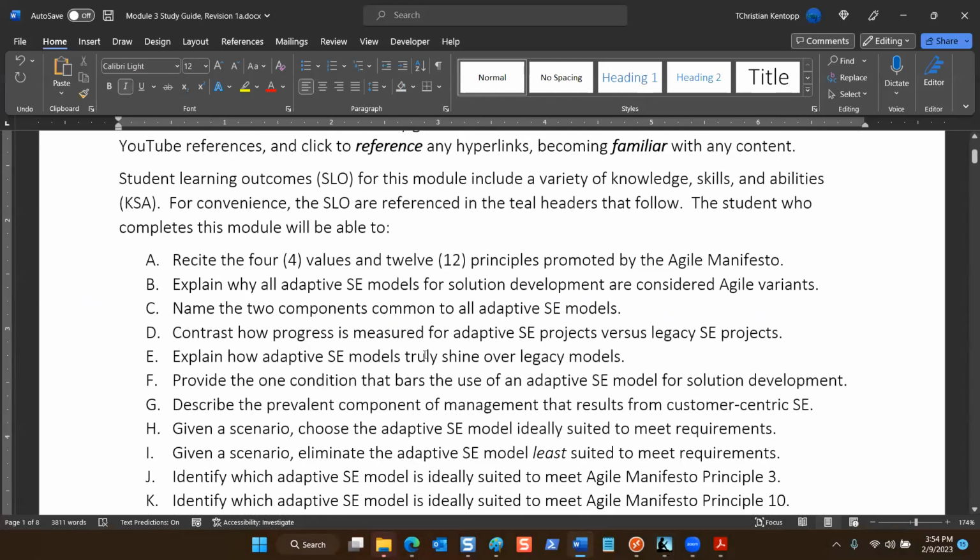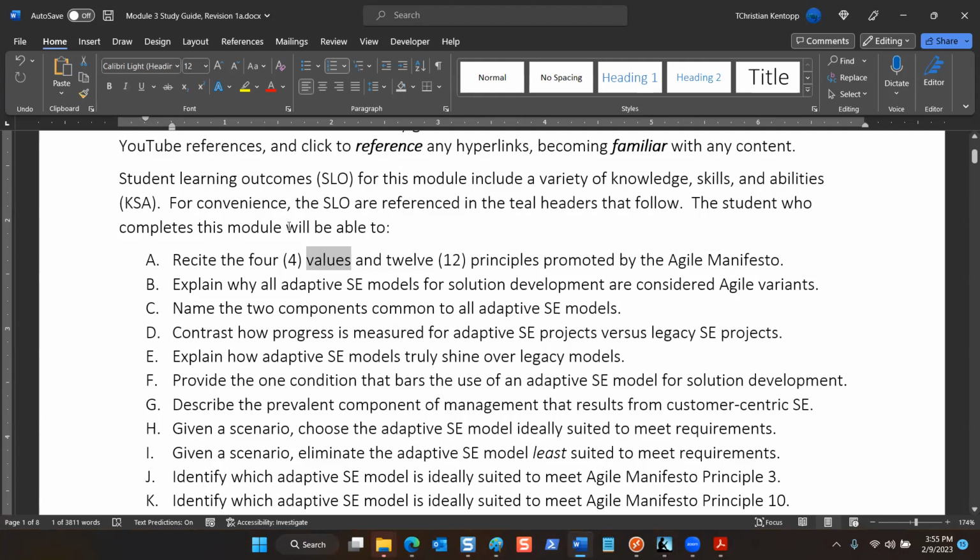So we want to be able to recite the 4 values and the 12 principles promoted by the Agile Manifesto. The fact that it was no small revolution is significant. And oftentimes when you claim a new territory, so to speak, it's not uncommon to see some statement of values associated with that.